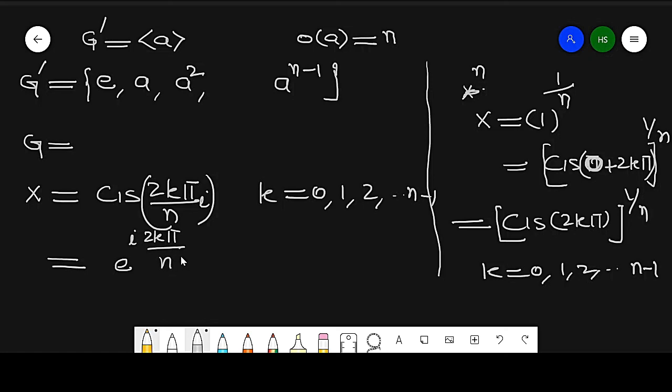This can be written as e raised to power 2 pi iota by n, the whole raised to power k.